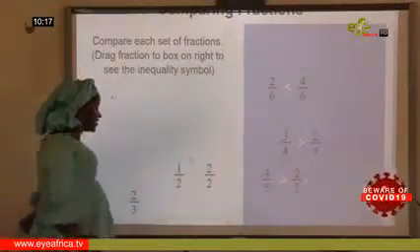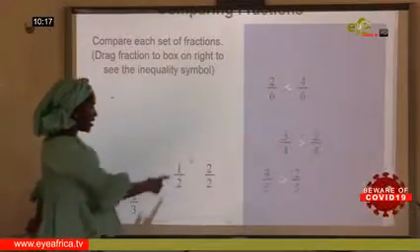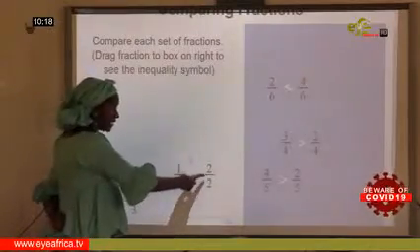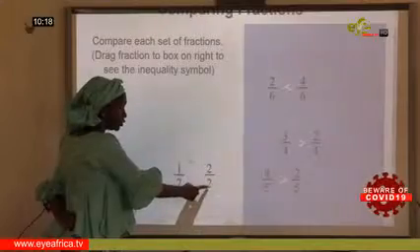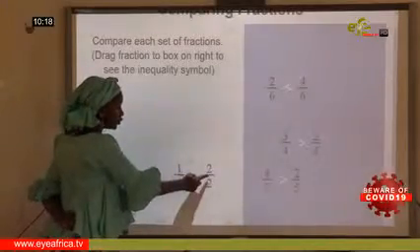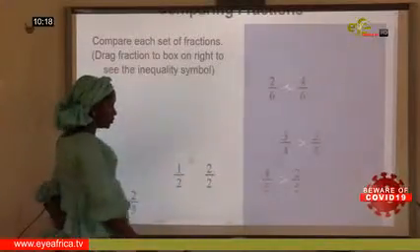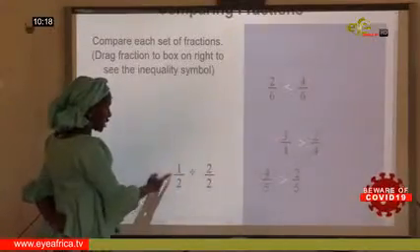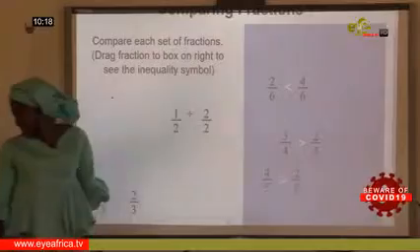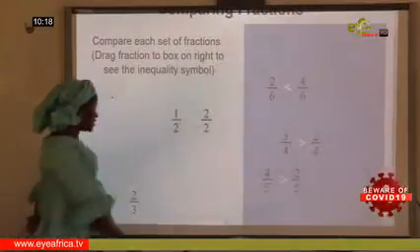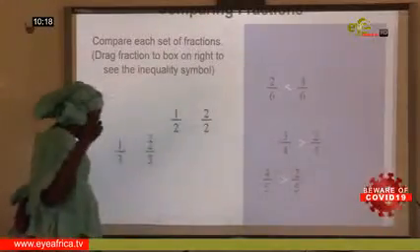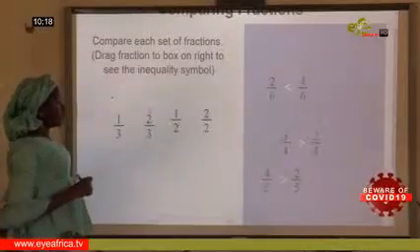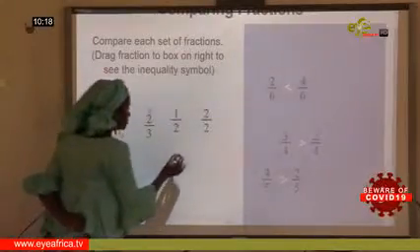The next set is half and 2/2. This is 2/2, and this is 1/2. Which one is greater? I can show you this using a picture.